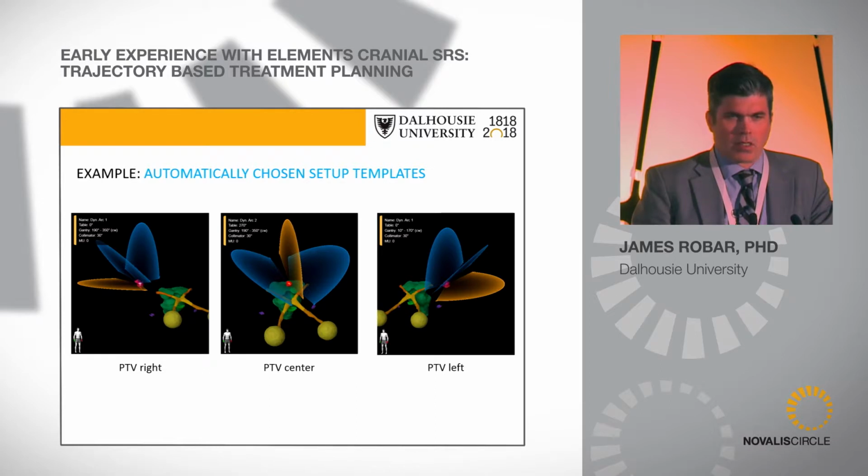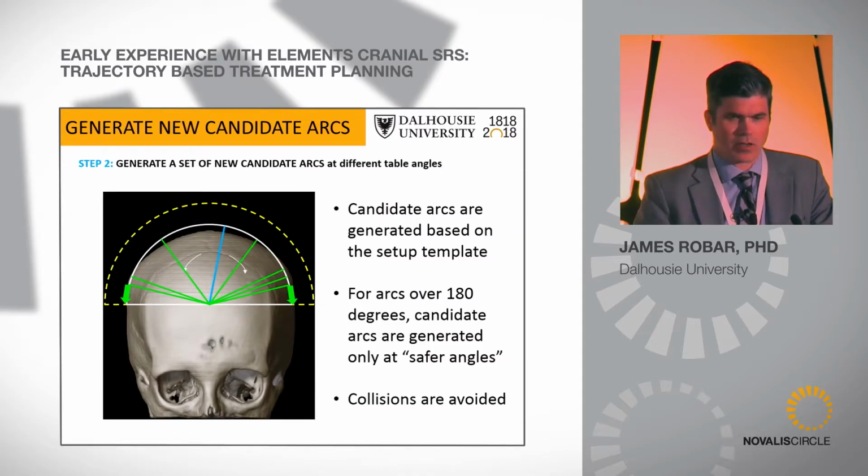So step 2 here is if we have a template couch angle specified in our template, shown as the blue couch angle here in this hemisphere, the system will actually generate a whole family of candidate couch angles. And in doing so, it looks at whether the gantry angle is a full arc or a partial arc.